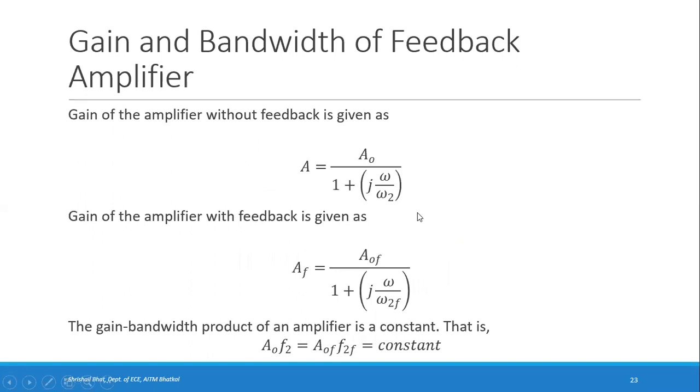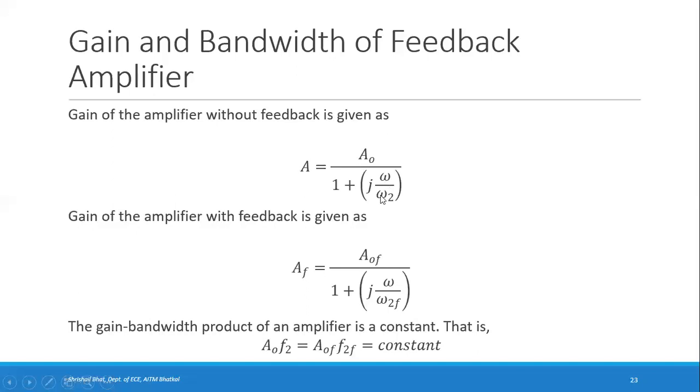Next we will consider another way of representing this gain in terms of its frequencies. The gain of the amplifier without feedback is given as A, which is equal to A naught, where A naught is the mid-band gain, divided by 1 plus j omega by omega 2. It is in terms of frequency omega, where omega is 2 pi f.